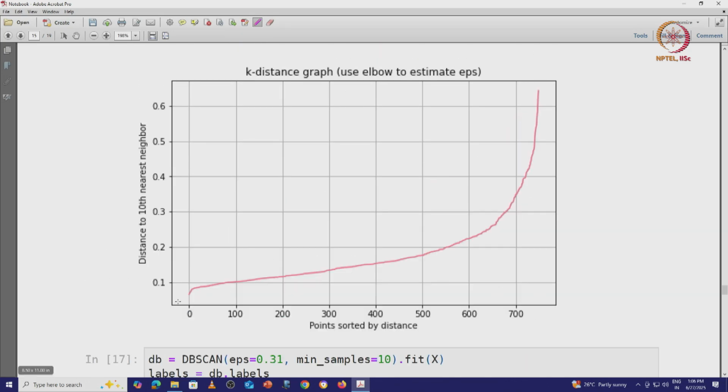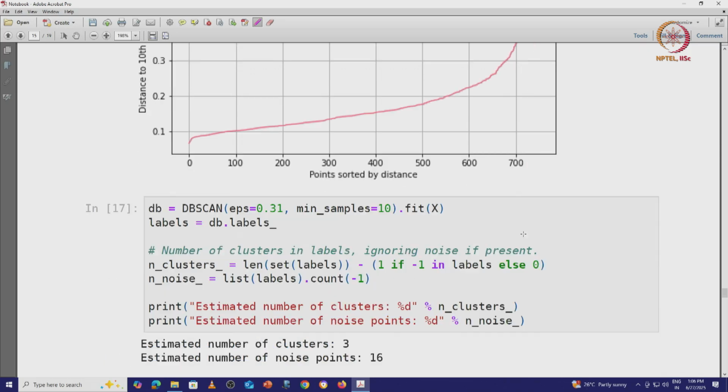So as you go to all the points, the distance to the 10th nearest neighbor is about 0.6, and you can see that somewhere around here, around 0.3 there is a big jump. So this is probably a dense region, if you consider these points, and then beyond that those are the sparse regions. So that's the distance you can consider.